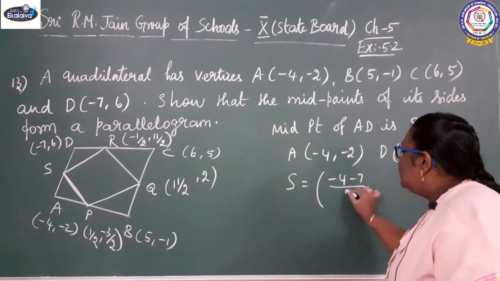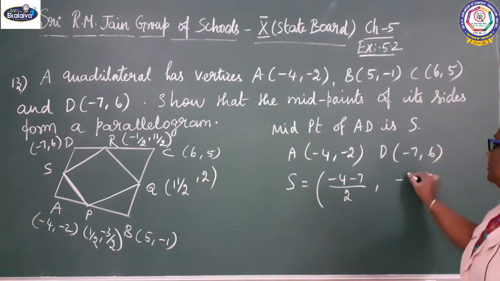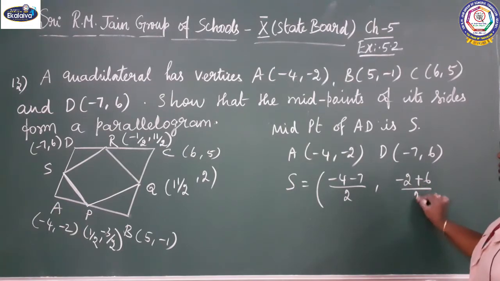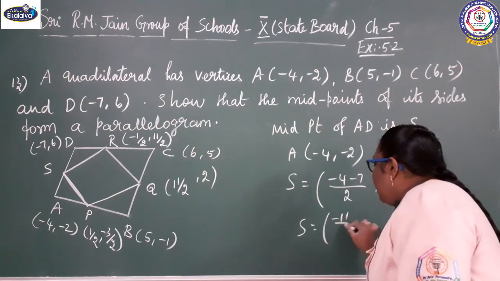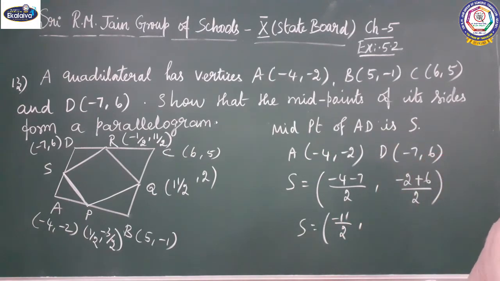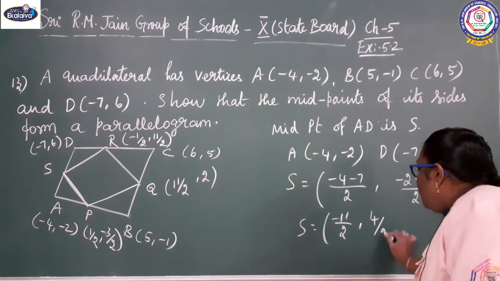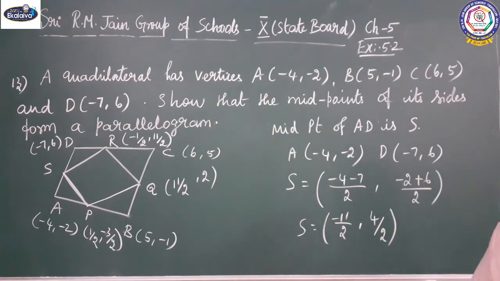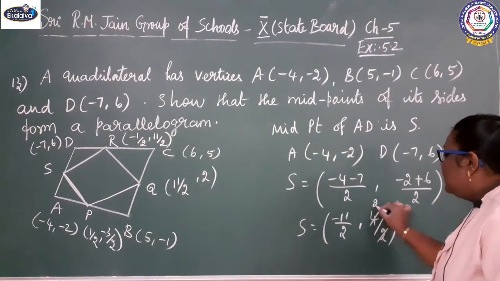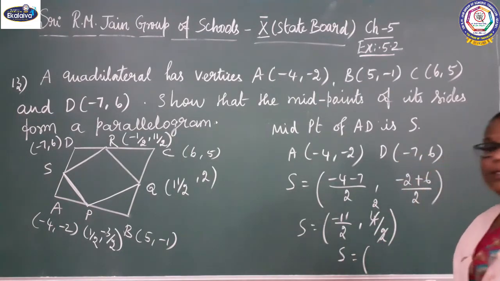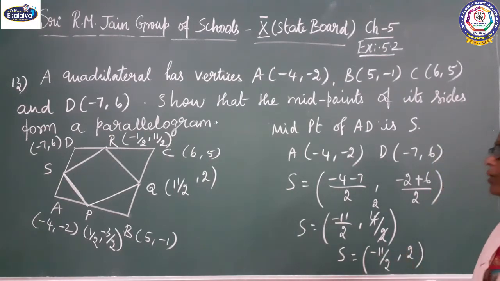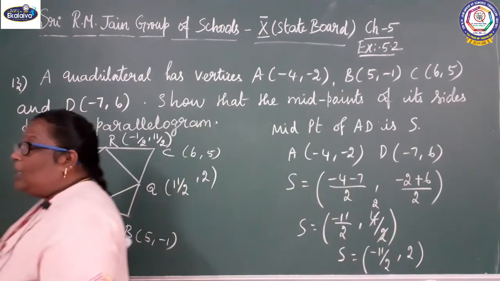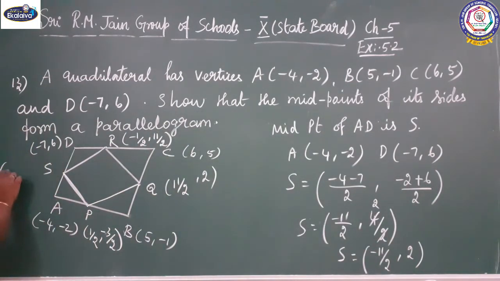Minus 4 minus 7 by 2 comma minus 2 plus 6 by 2. So S equals minus 11 by 2 comma 4 by 2. Cancel. What is the value of S here? S equals minus 11 by 2 comma 2.